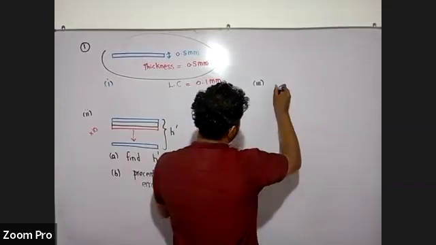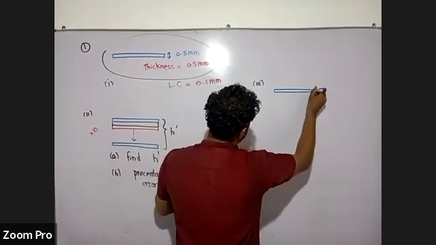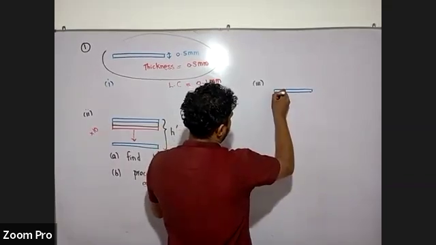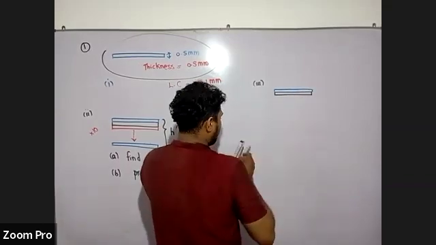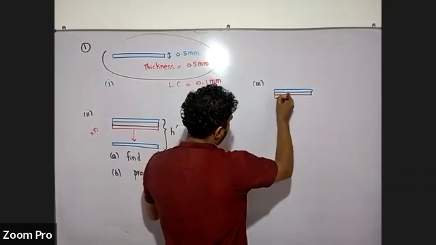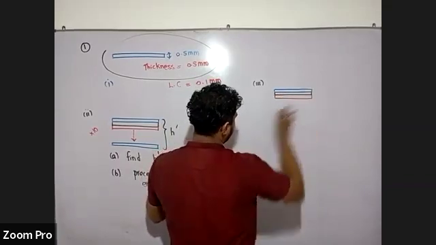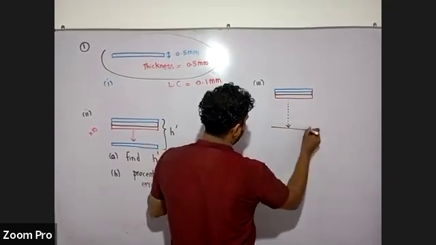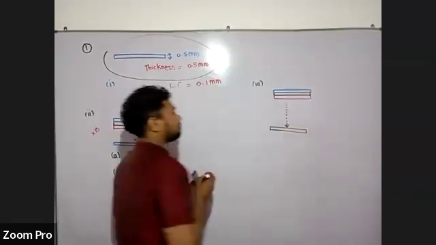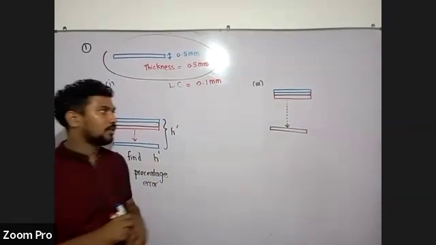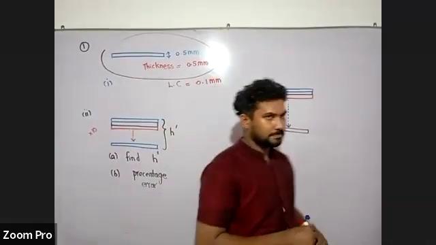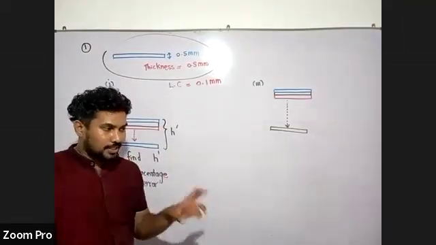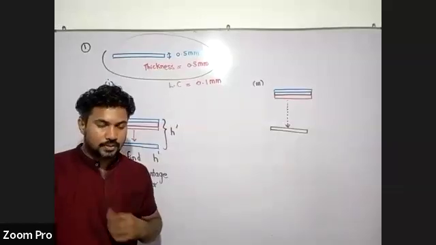Third question. To obtain an accurate value for the thickness, within brackets, percentage error is equal to 1%.